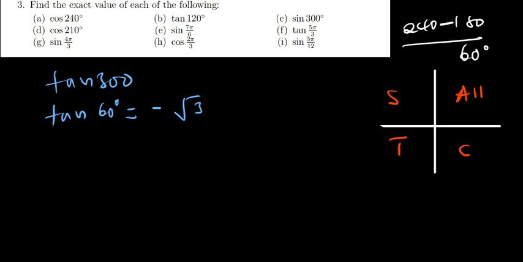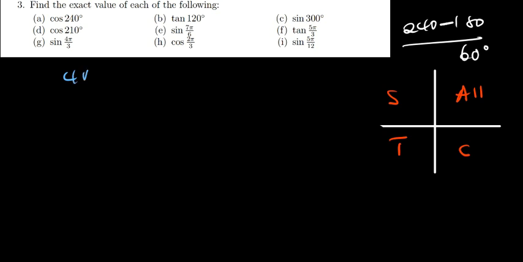Simple, right? Let's go to part G. So part G, 4 pi divided by 3 times 180 divided by pi. Pi and pi will go. 3 there, 1. 3 there, 60. So you have 60 times 4. So it's going to be 240.